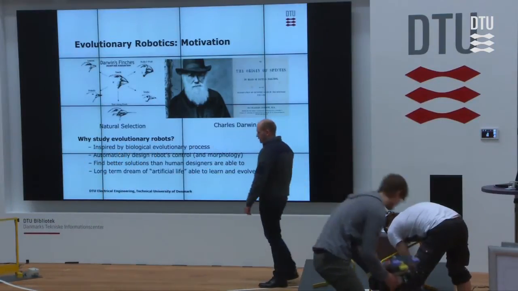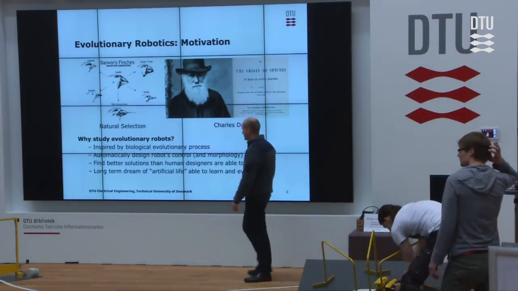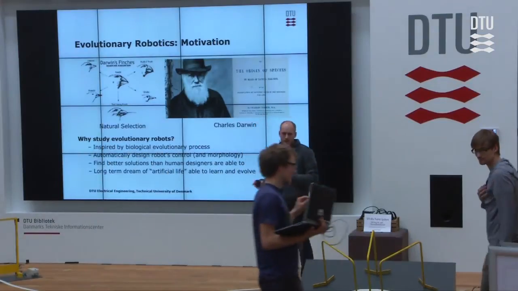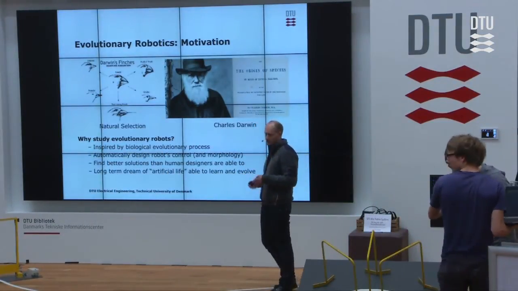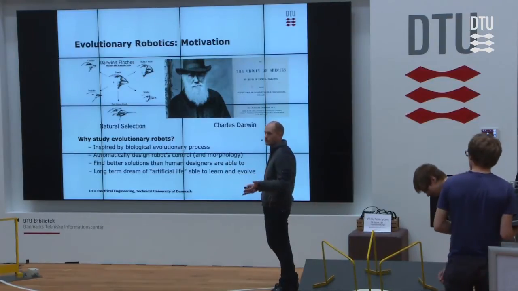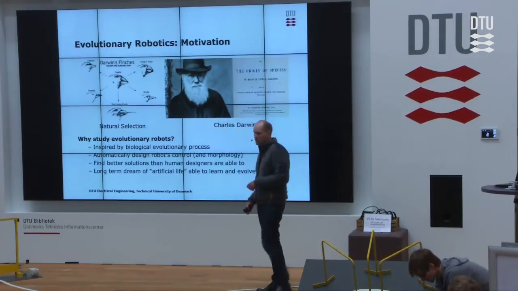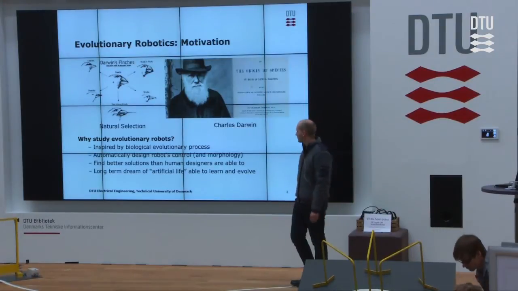So this is a different way to design robots, where you are very much inspired by biological evolutionary processes in order to design them in a different way than you usually do, where usually someone sits and programs the robot. But this is using evolutionary techniques in order to automatically design the robot's controller and maybe also the shape and the morphology of the robot, which means basically the body shape of the robot.